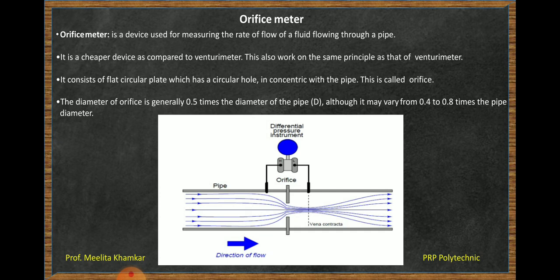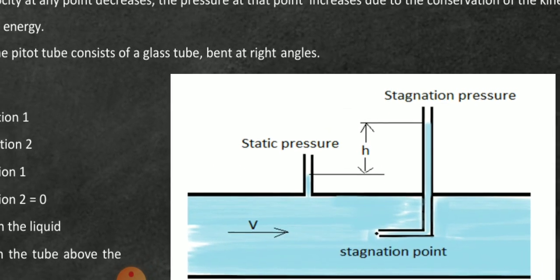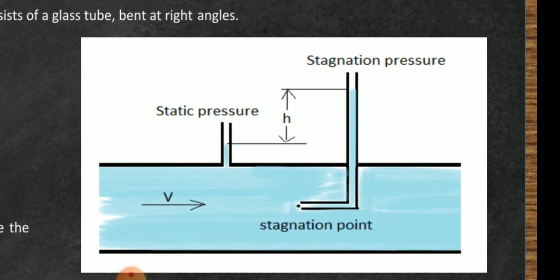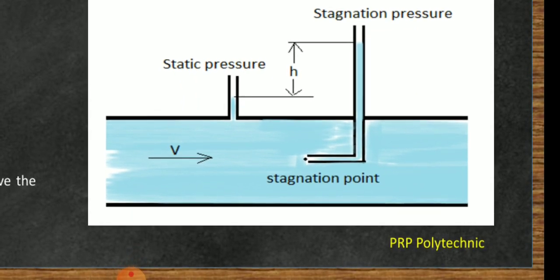Third is a pitot tube. In the pitot tube, the flow is measured with the help of the tube. If you observe here, it is a simple type of tube. It is a glass tube which is inserted into the pipe in which the flow is to be measured. The two lines are perpendicular to each other.